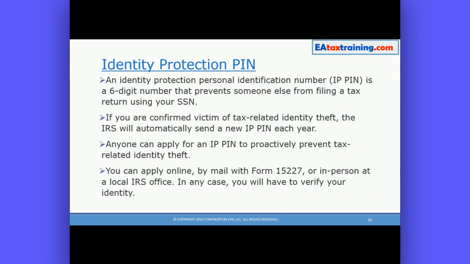But anyone can apply for a PIN, and the IRS is now encouraging taxpayers to proactively request a PIN in order to prevent tax-related identity theft. So anybody who's worried about this can go ahead and request a PIN. The IRS will send it to them, and then you can use it. And you can apply for this online or by mail using the form 15227. But either way, you are going to have to verify your identity when you apply.